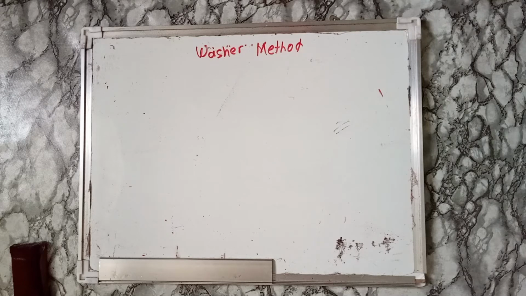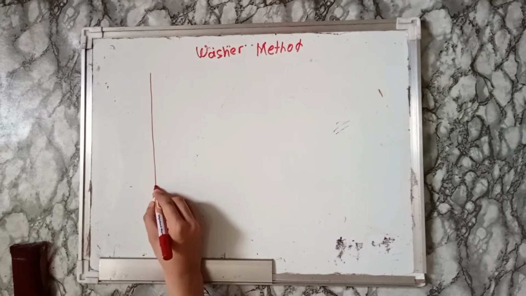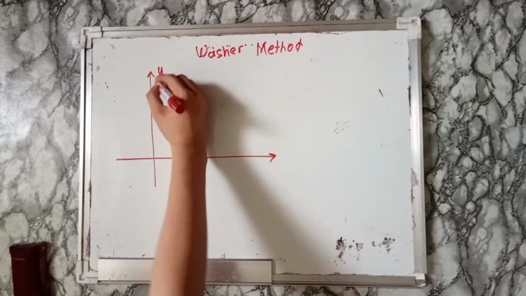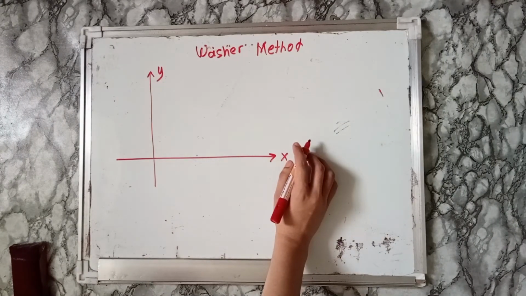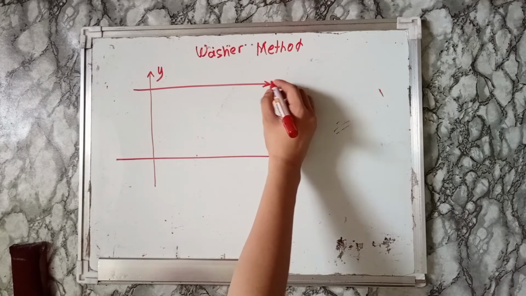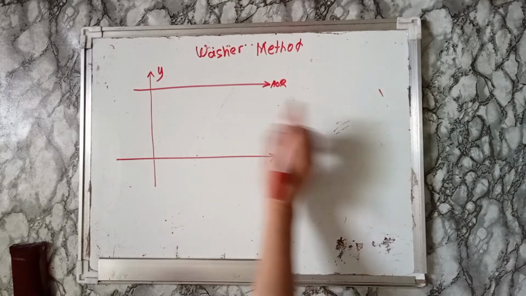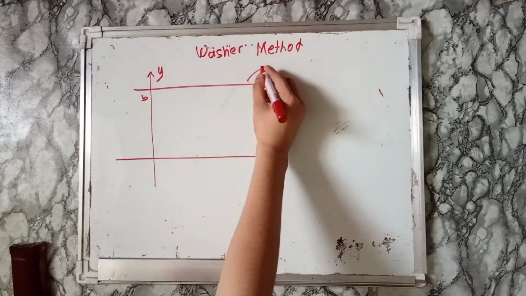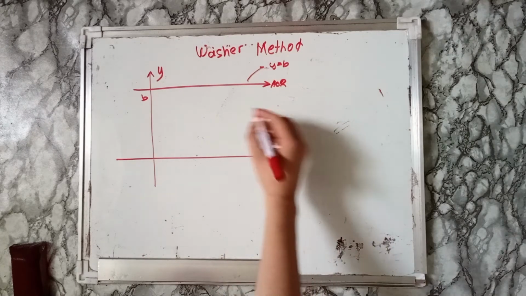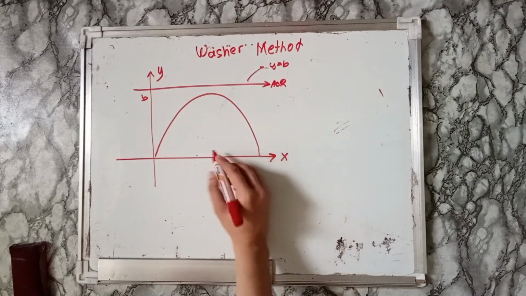Let's say we have a graph in here, this is y, this is x, and our area of rotation is somewhere here. This is the area of rotation. Let's label this as b, and this is y equals b. And we have the area, something like this.